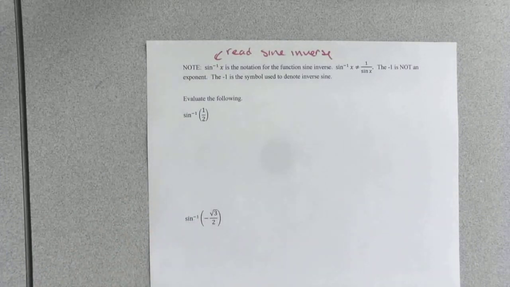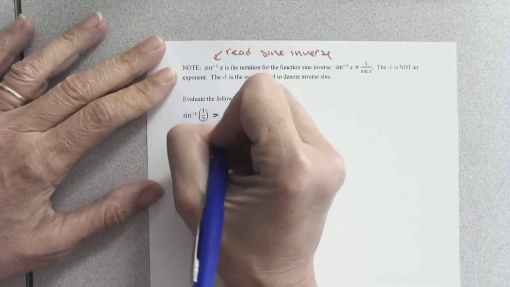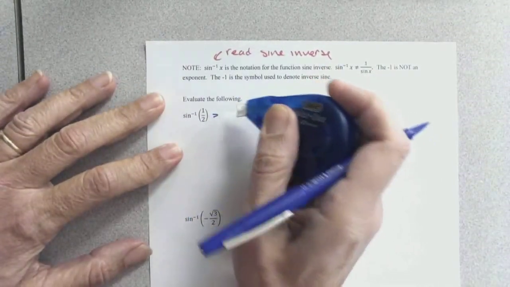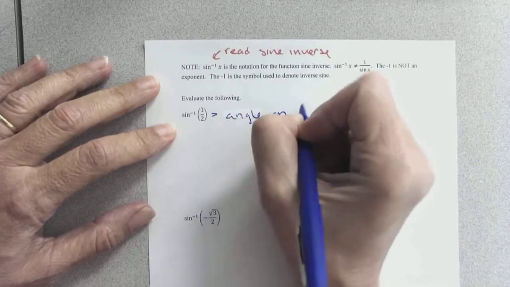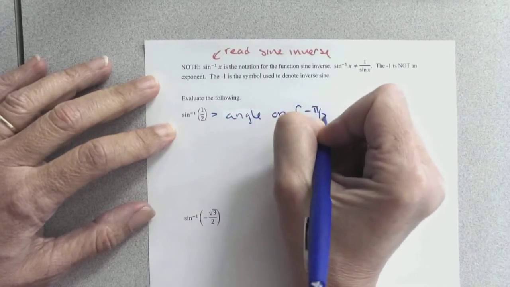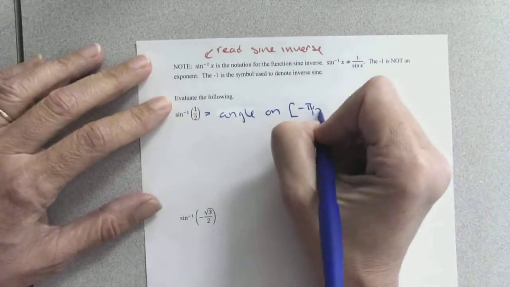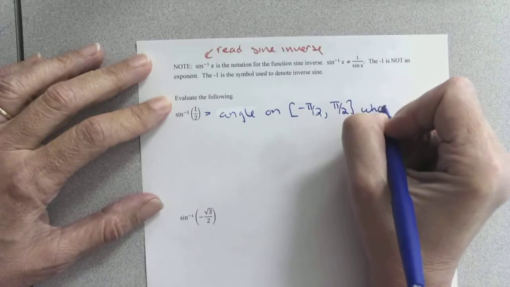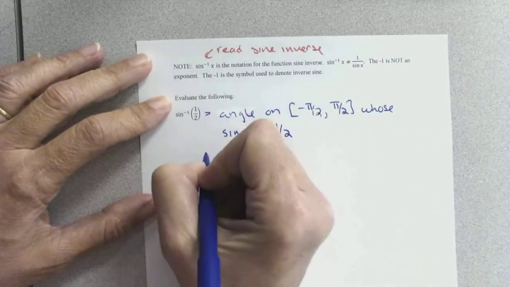So evaluate the following. What we're doing each time is asking ourselves this question: the answer is going to equal the angle on negative pi over 2 to pi over 2 whose sine is 1/2.